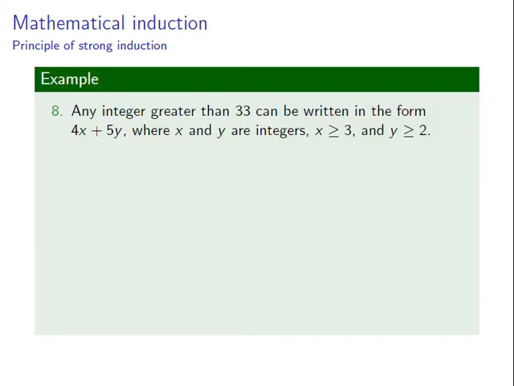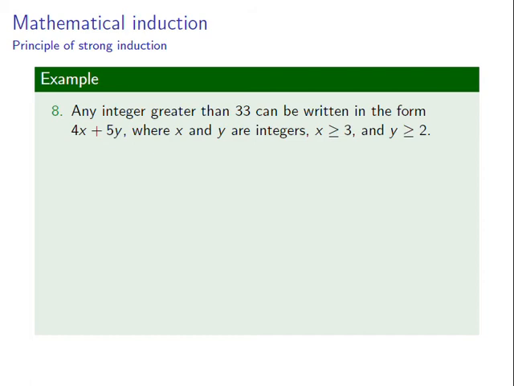As an example, consider the claim: any integer greater than 33 can be written in the form 4x plus 5y, where x and y are integers with x greater than or equal to 3 and y greater than or equal to 2.